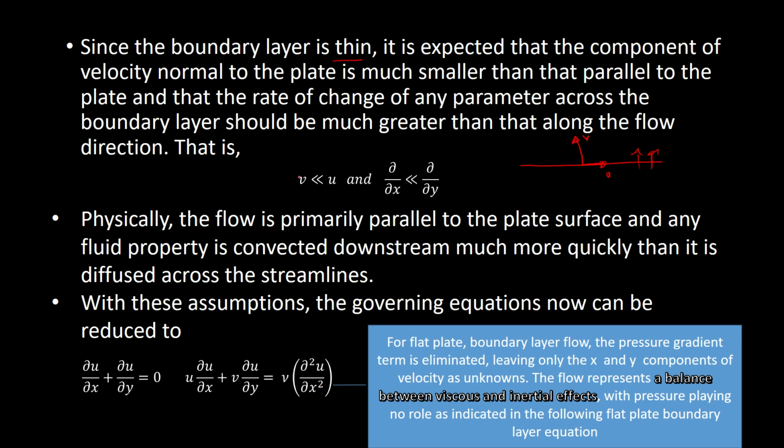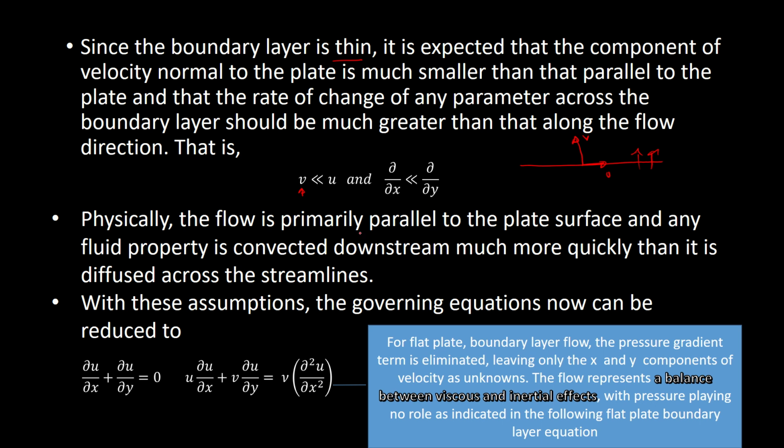Okay, that is, v is much less than u. Okay, v is the normal velocity, u is the streamwise or parallel velocity, and the rate of change in terms of x is much smaller than the rate of change in terms of y, which is the normal direction.